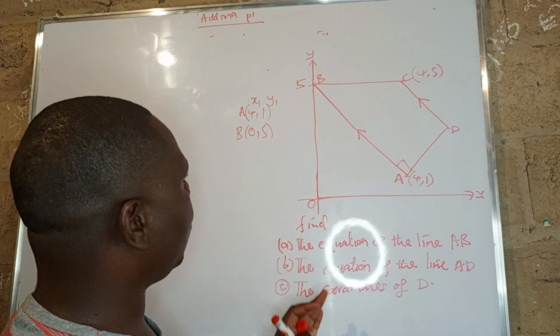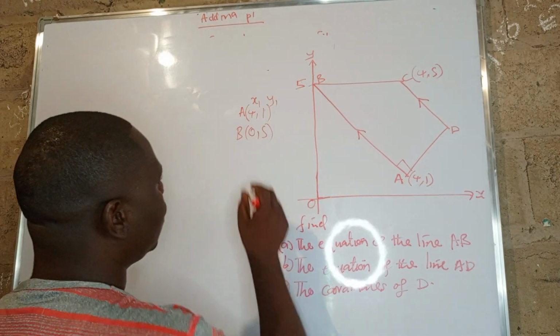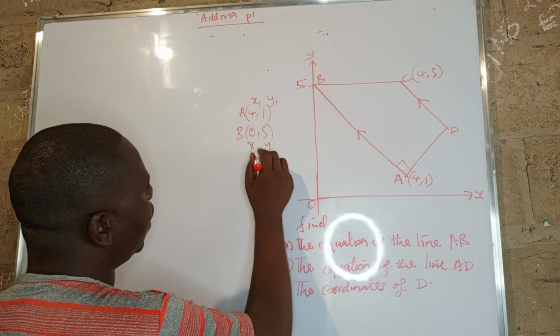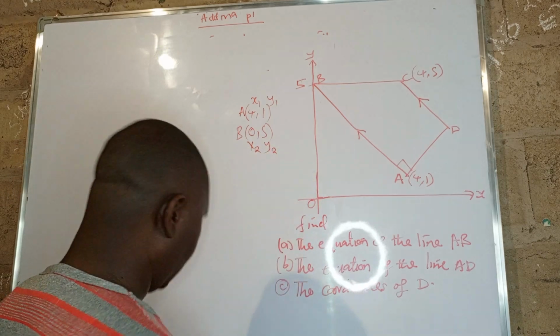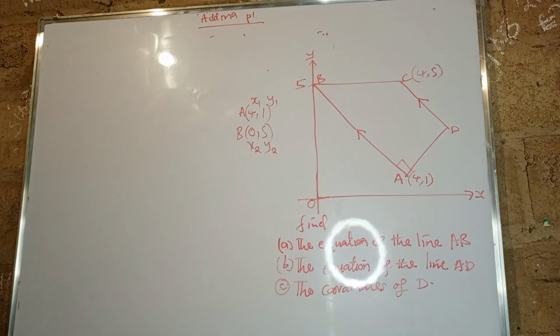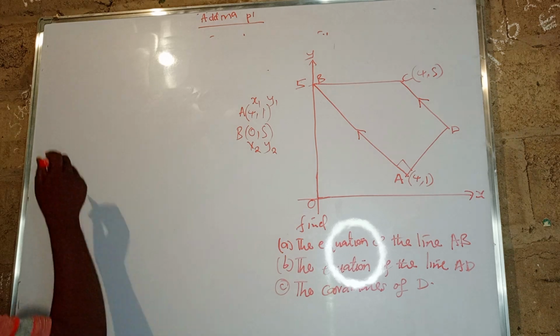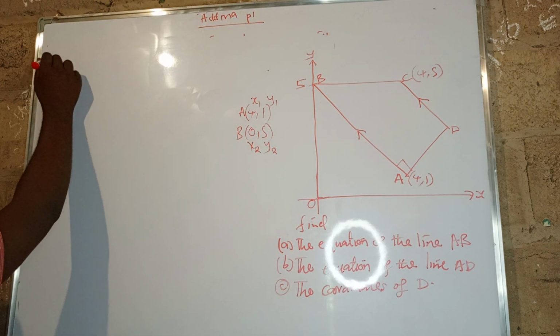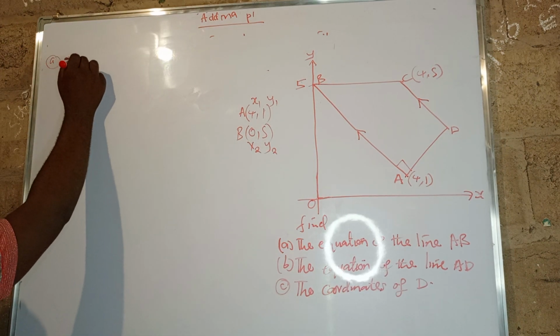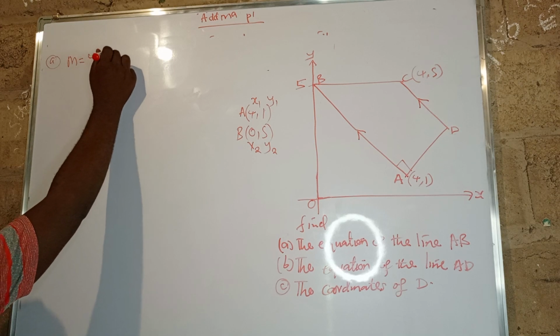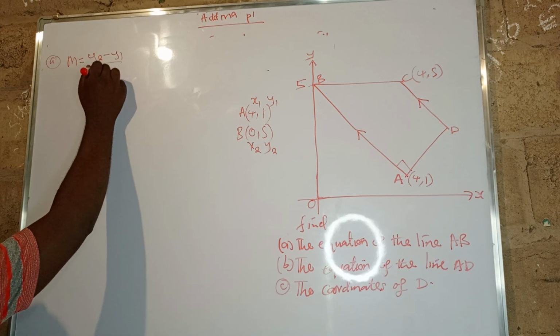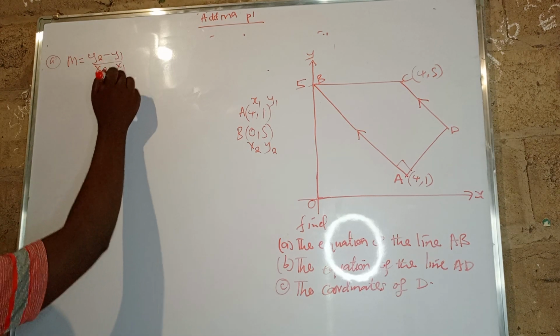Don't forget that on the y-axis, x is equal to 0. So you can say x2, y2. Then the gradient m is given by y2 minus y1 over x2 minus x1.